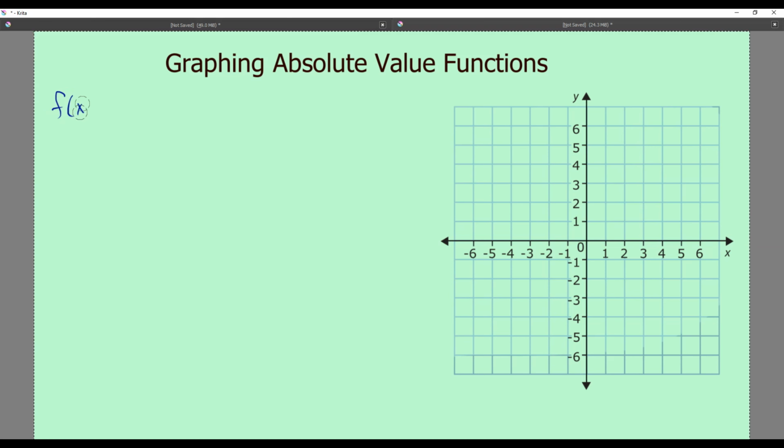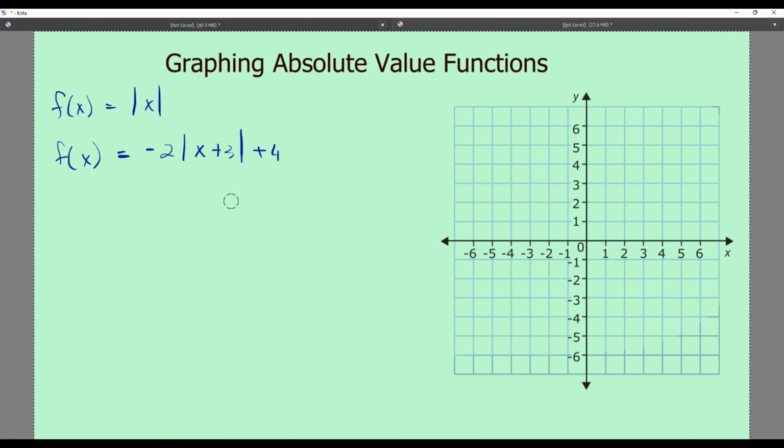So you have your function f of x is equal to the absolute value of x. That's the parent function. Now, they might do things like putting in numbers, say negative 2, x plus 3 inside the parentheses, and they want to add 4 outside. Okay, so we need to know exactly what these numbers do.